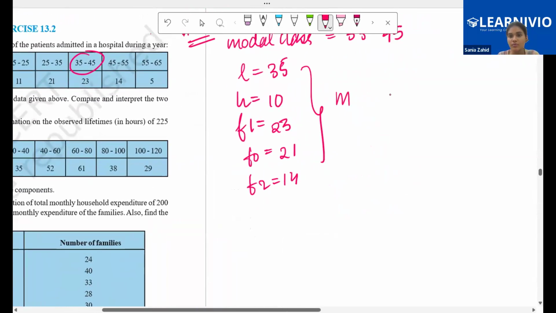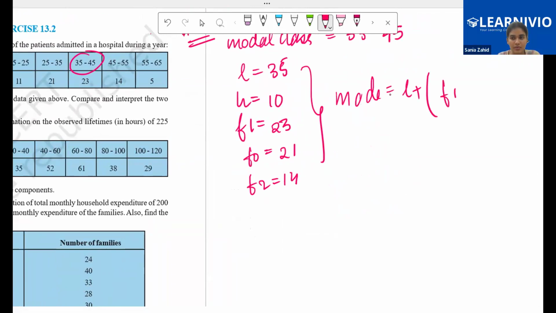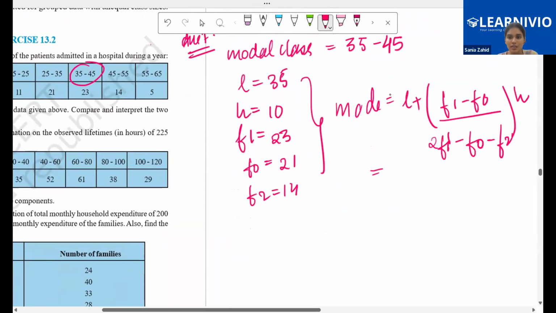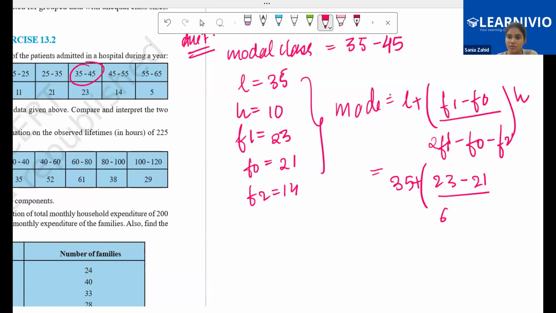Mode is equal to L plus (f1 minus f0) by (2 f1 minus f0 minus f2), into h. So mode is equal to 35 plus (23 minus 21) by 46 minus 21 minus 14, into 10.